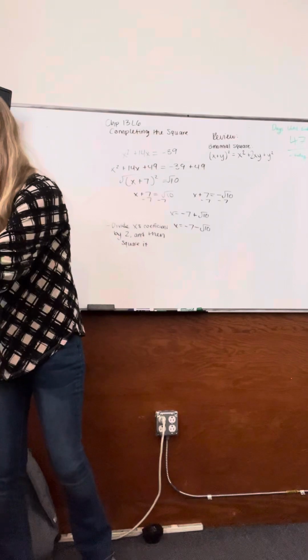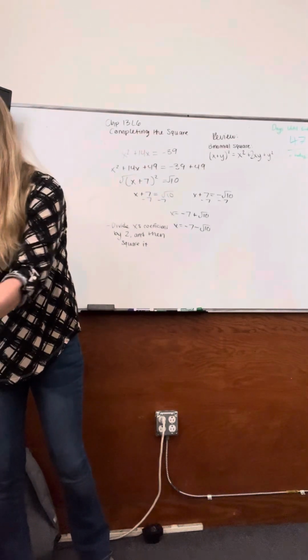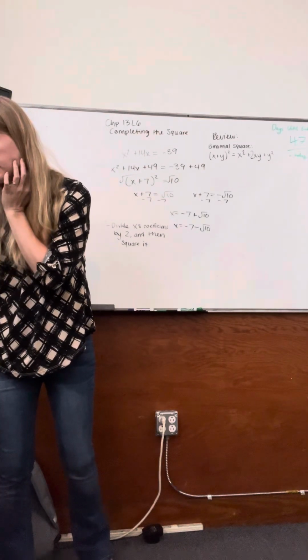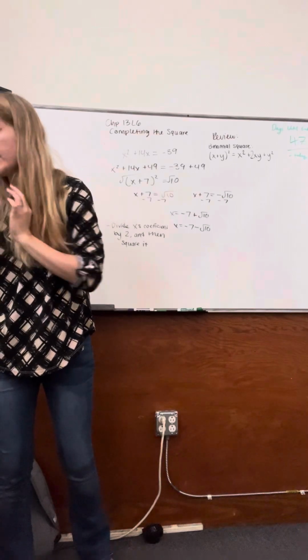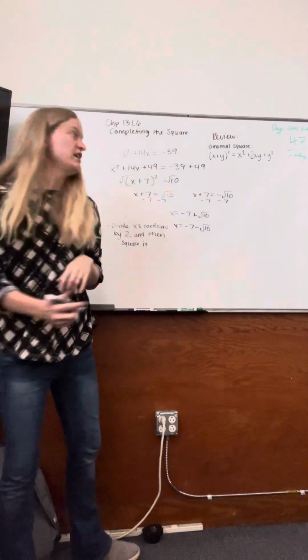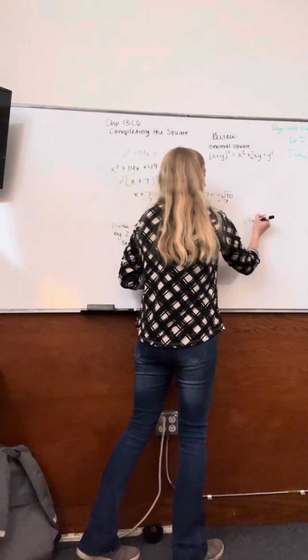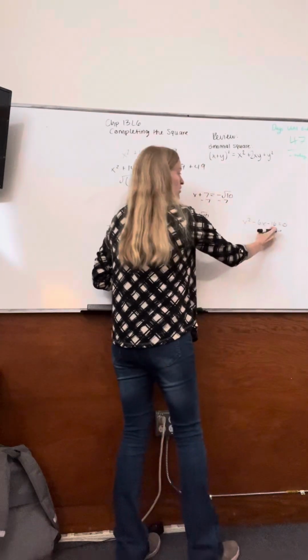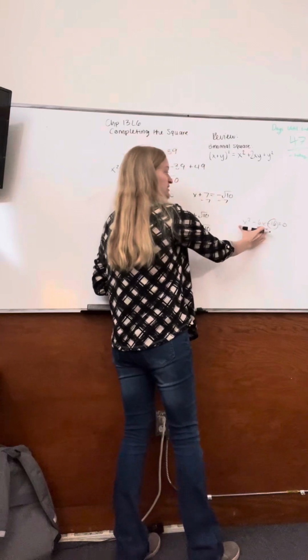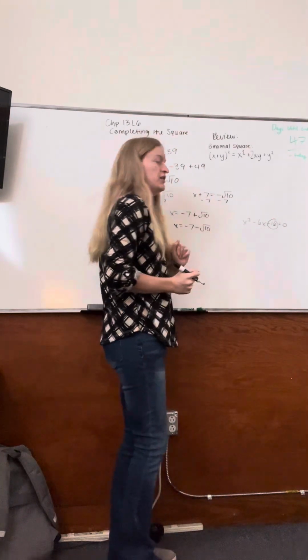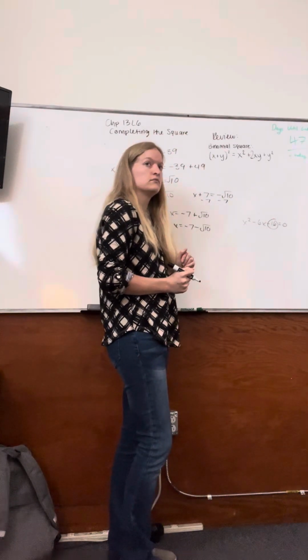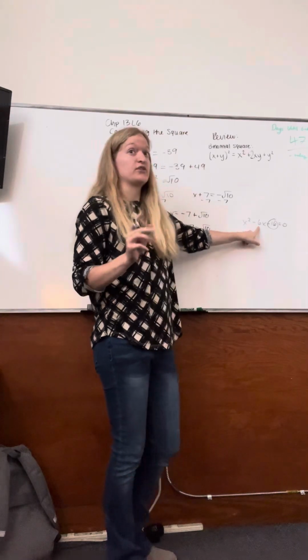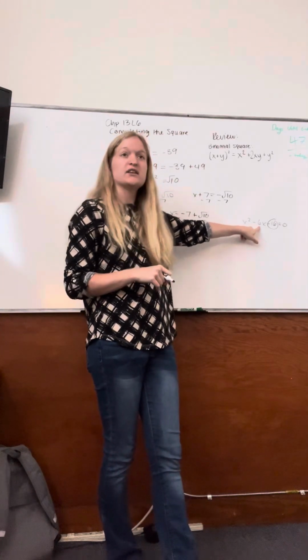The next problem that we did in your notes is x squared minus 6x minus 16 equals 0. We needed a number to complete this square. What number do we cut in half? Negative 6. Watch out for the negative. What is half of negative 6?